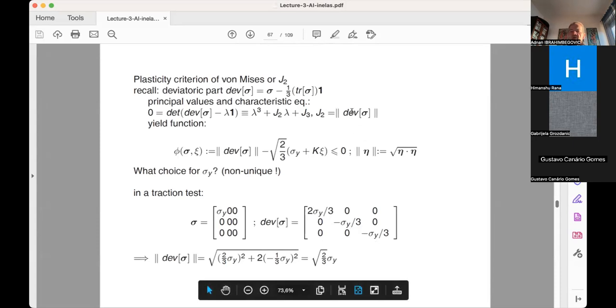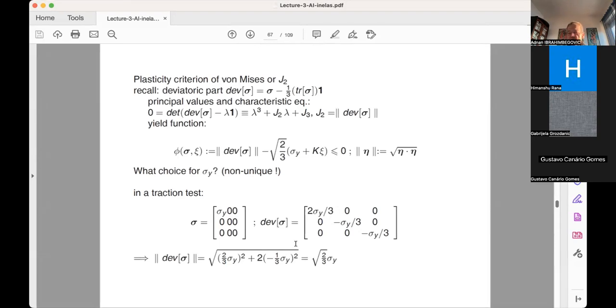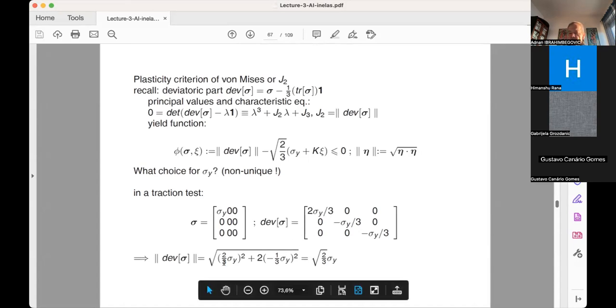I said the norm is nothing but you take each and every component and multiply by itself, you sum it up and you take the square root. So that becomes 2/3 squared plus 1/3 squared times 2. This is what's written here. So you pull out sigma y, and here's left 4/9, and here's 2/9. So 2/9 and 4/9 is 6/9. You cancel by 3, and that becomes 2/3.